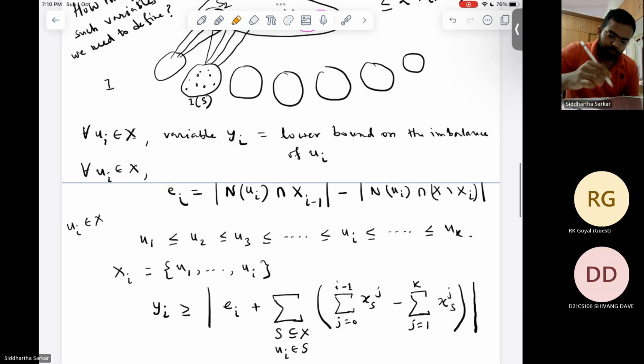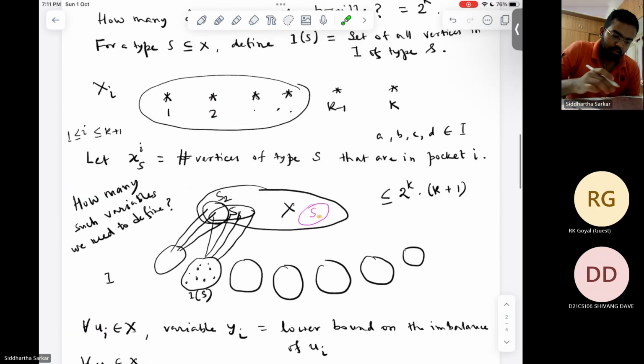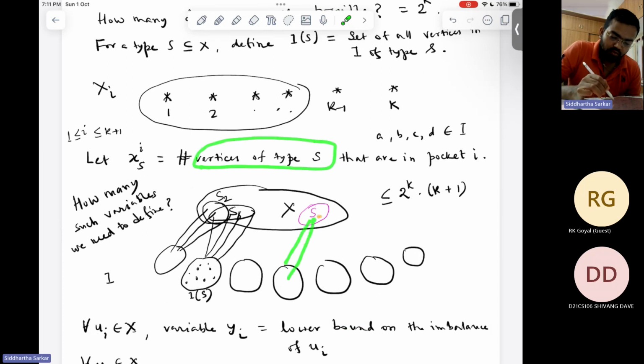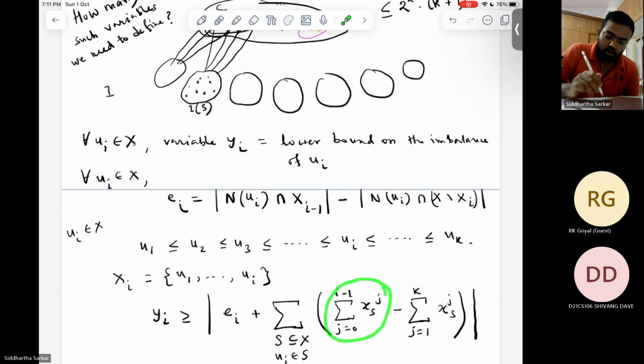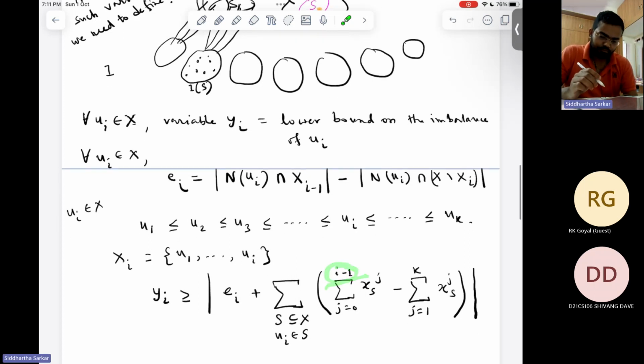Then, so what does this variable mean? So this is, remember, the number of vertices which are of type S. That means those vertices out in I which are neighbors to all the vertices in S and are in pocket I. So we are taking the sum over those pockets which are strictly less than I. Okay.